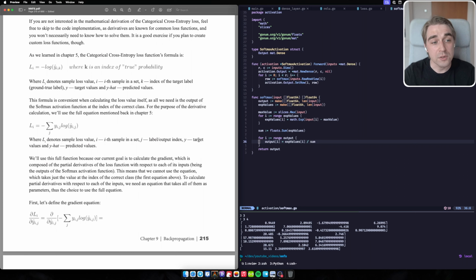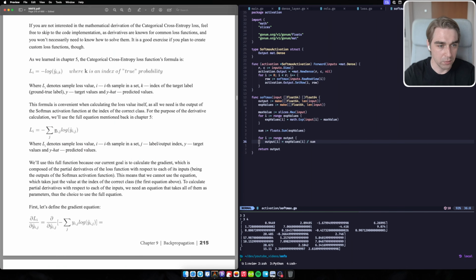For example, the target value in our case will be one value because when we know the concrete class, we can set the known probability to 100%. And then we have the predicted probability, which is y hat. But since the target is the one value, we can ignore it.